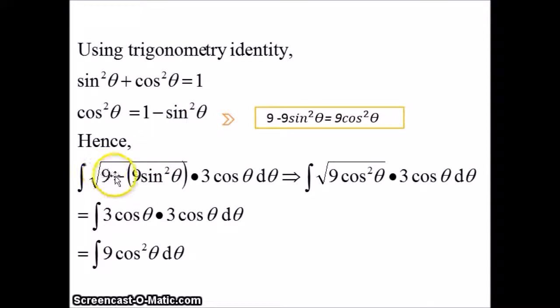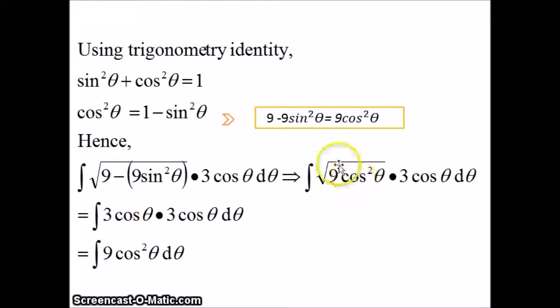Since our expression is 9 minus 9 sine squared theta, we multiply this identity by 9, and we will get 9 minus 9 sine squared theta equal to 9 cos squared theta. We rewrite the formula, and we will get the square root of 9 cos squared theta multiplied by 3 cos theta d theta.